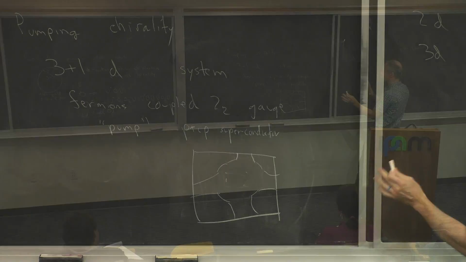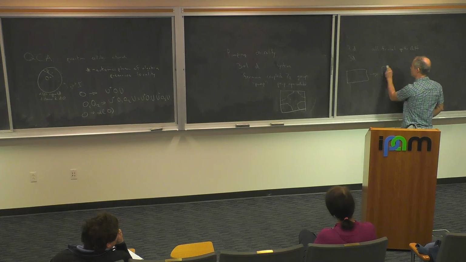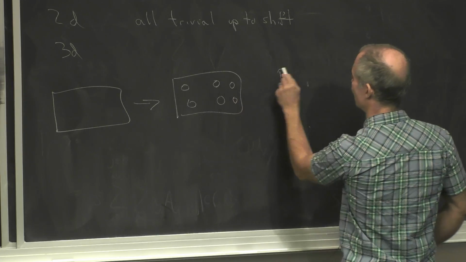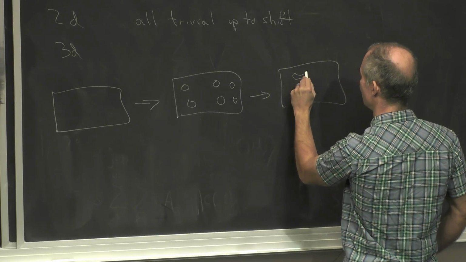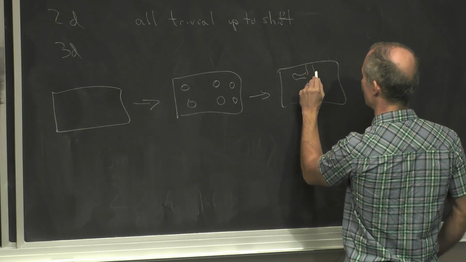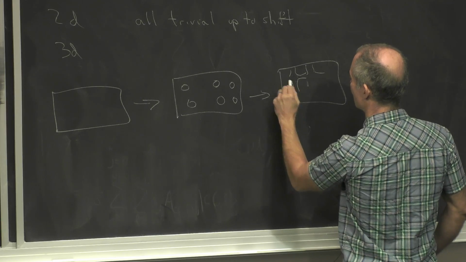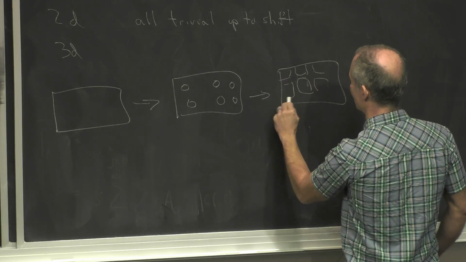But if you want to do it in a way that's more nice looking, you can imagine starting with an empty system. Then you could nucleate a lot of little bubbles. Then you could join the bubbles up, like that.